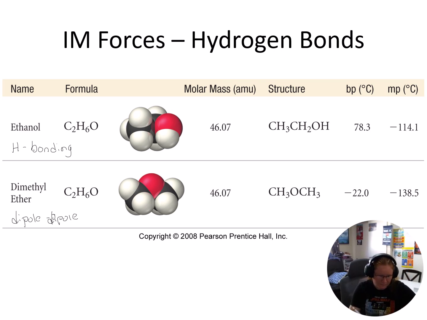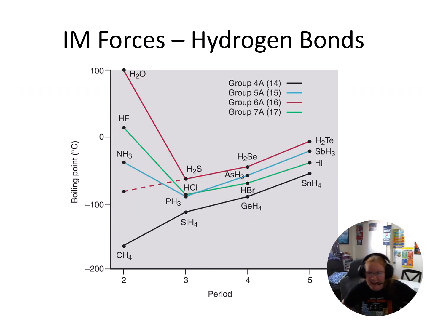Okay? Now, when we look at our group 4A, 5A, 6A, 7A hydrogen-containing compounds, we can extrapolate. If I look at our group 6A, which oxygen is part of, okay? So that's going to be this red line here. If I look at tellurium, selenium, sulfur, my boiling points are going down.